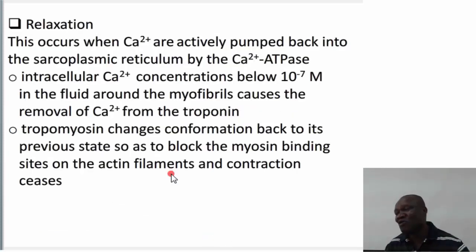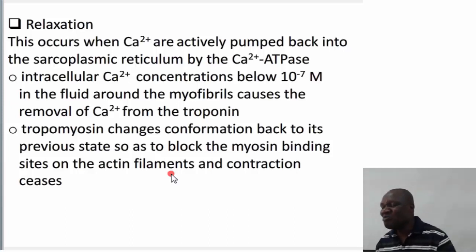Now, we talk about relaxation. We've seen excitation of the muscle. Now we're going to look at a contraction of the muscle. Now we're going to look at relaxation of the muscle. The muscle, when it contracts, would have to relax. Muscles do not contract interminably. They would have to relax.